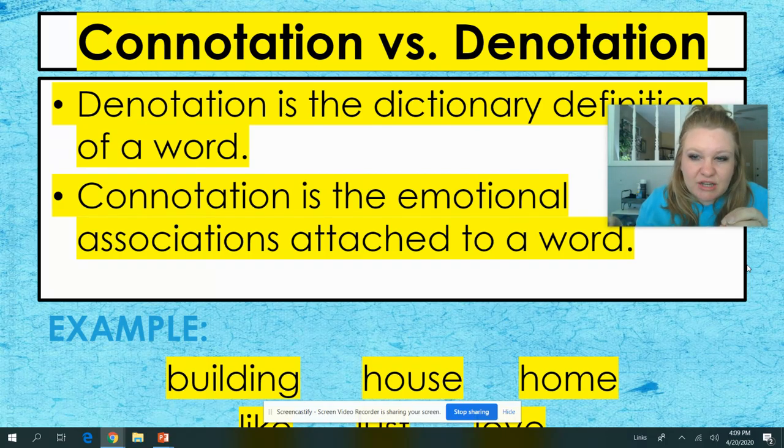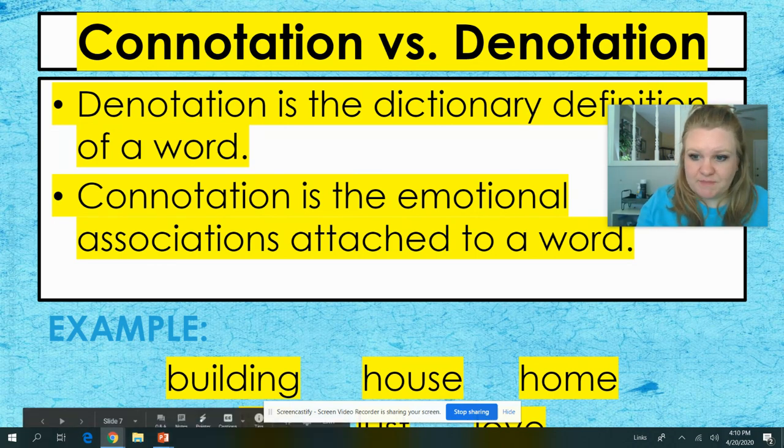They have the same denotation, but not the same feeling. And house might even have a different feeling than home. Now, home might be more comforting than house. Like lust and love. They have similar meanings, but they actually have different emotions and things that you think about when you hear that word or use that word.